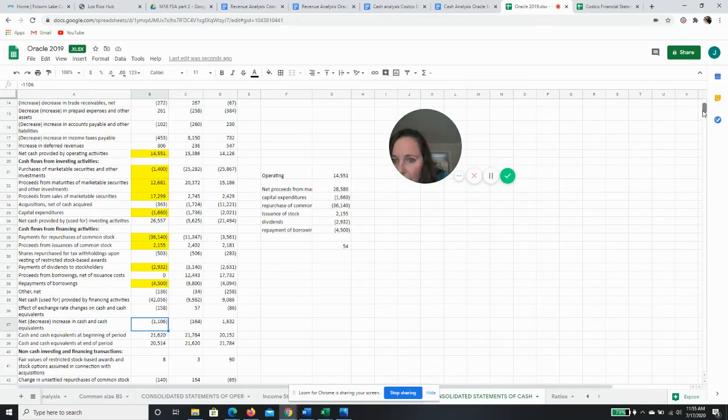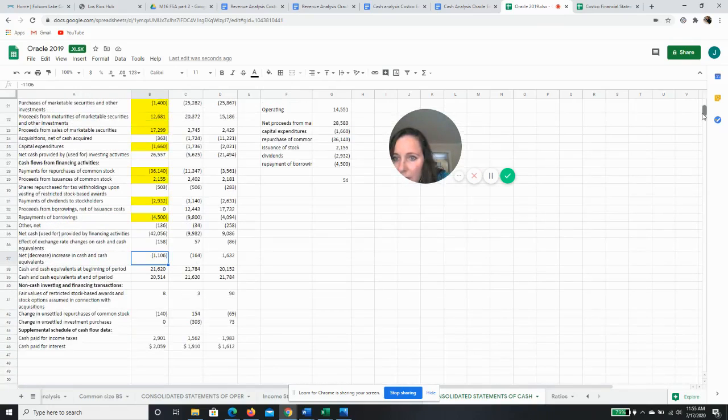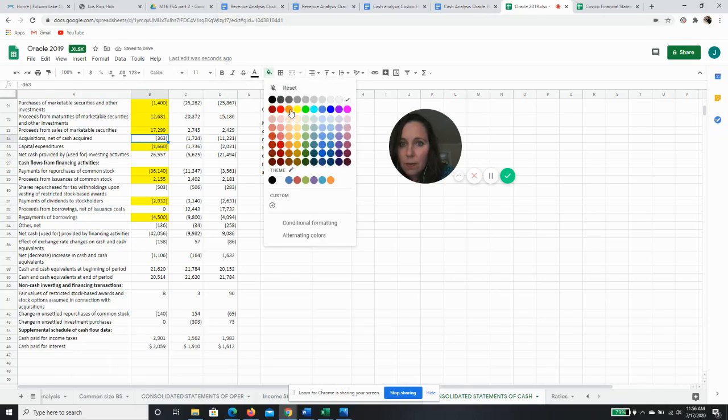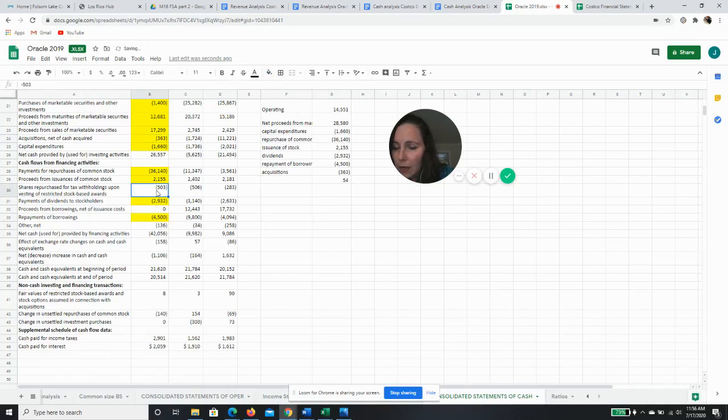Which means I'm going to have to include some of the little stuff. Okay, that's a bummer. So here we go. We'll just put acquisitions. It would have been nice if I didn't have to include this, but sometimes that's not how your luck goes. And shares repurchased for tax withholdings. These are repurchases of stock. Even though the reason is different, it's basically repurchases of stock, which is what we had up here.